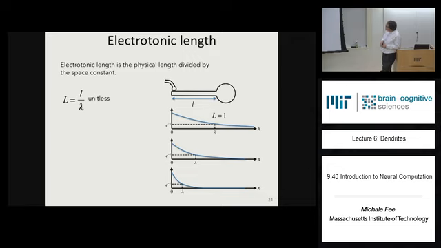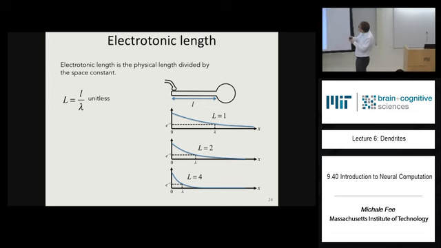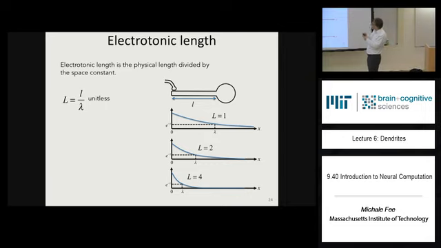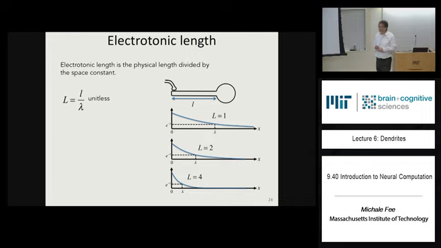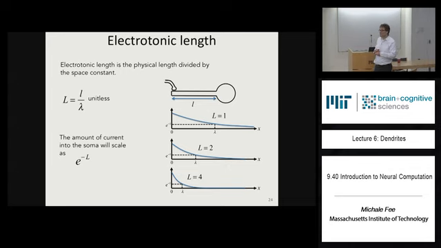In this case, the physical length is twice as long as lambda, and so the electrotonic length of that piece of dendrite is 2. And in this case, it's 4. Okay? And you can see that the amount of signal that gets from this end to that end will go like what? How will it depend on the electrotonic length? It will depend something like e to the minus L.